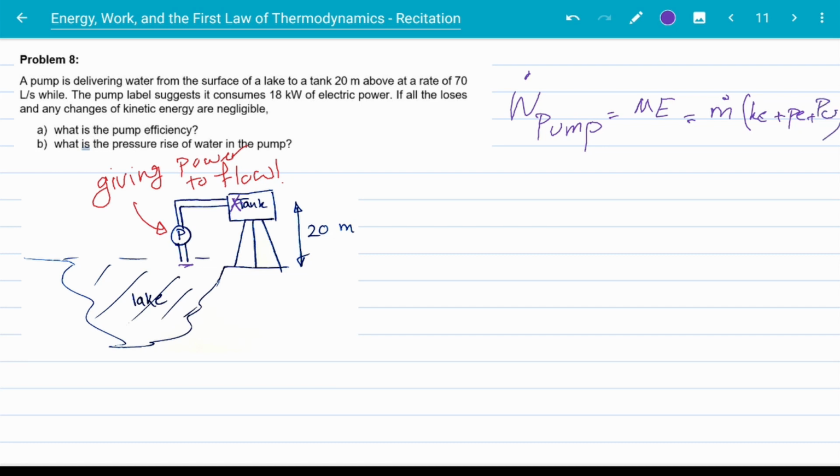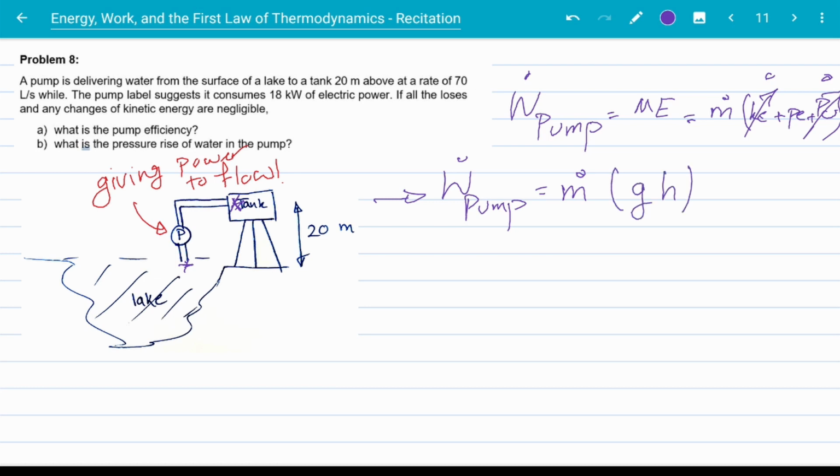Now between the lake surface and the tank, the kinetic energy and P nu are negligible, as we discussed before. So we end up with W dot of a pump is actually m dot times GH.